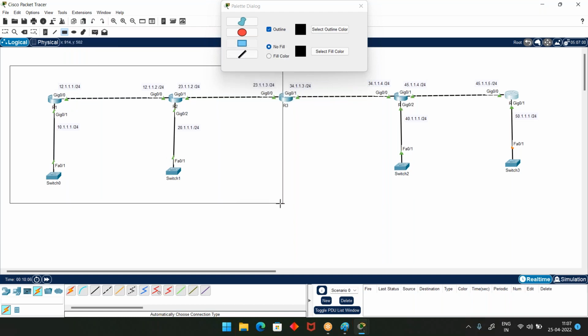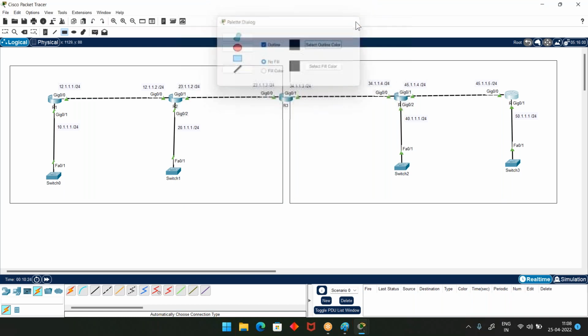Here I can configure area 0. Here I can configure area 1.